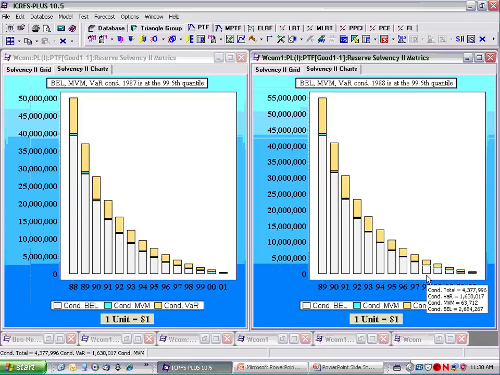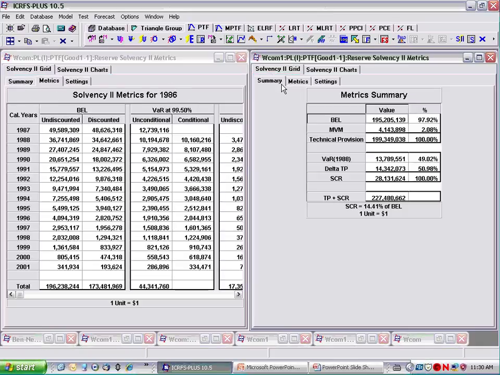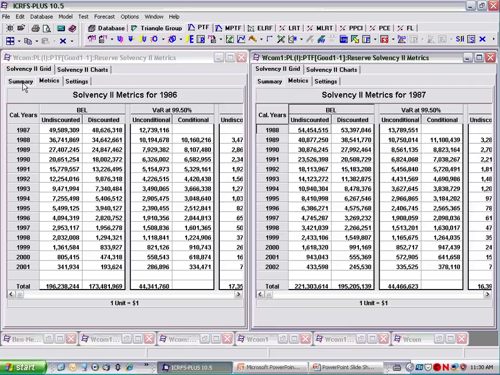It's just a 10% increase, which you'll kind of expect because of the 10% trend. But otherwise, all the statistics are pretty consistent. So let's look at the summary.